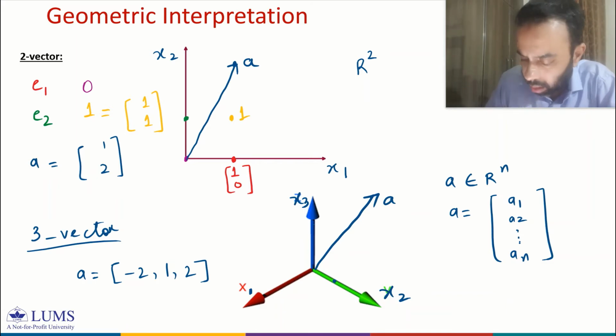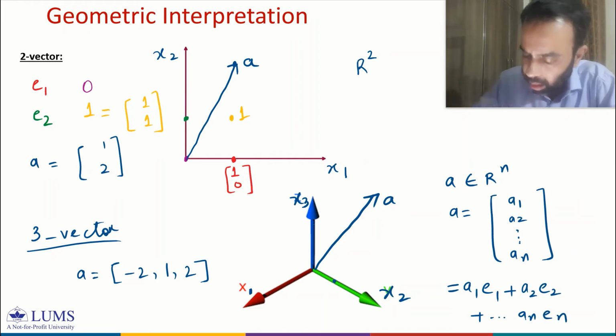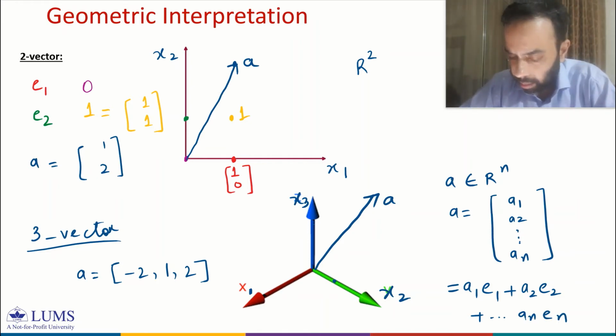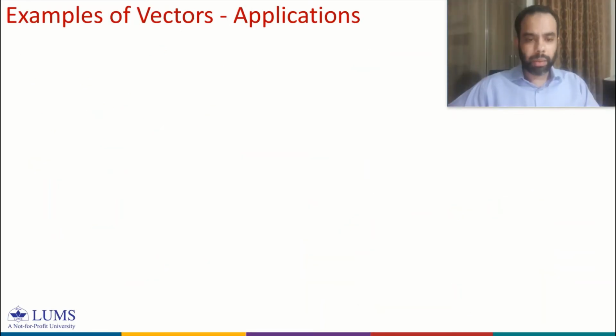A1 quantifies the contribution of a standard vector E1, and A2 quantifies the contribution of E2, and so on and so forth. We can write An, En. So this is just a geometric interpretation of vectors. Let's look at some application examples in which the data is defined using these vectors.